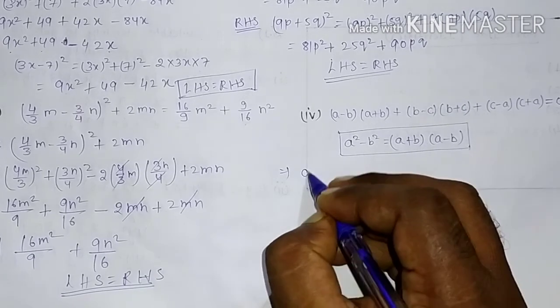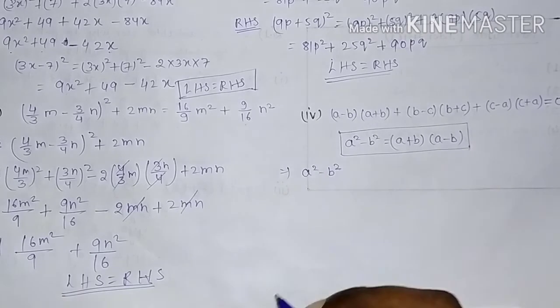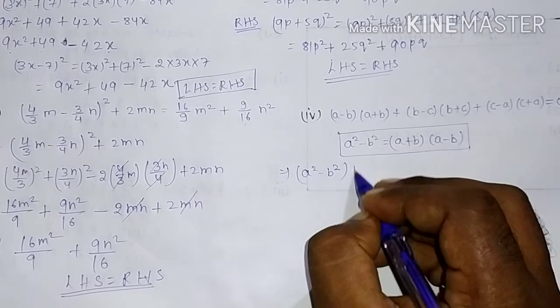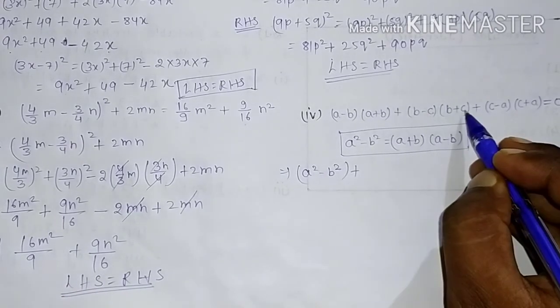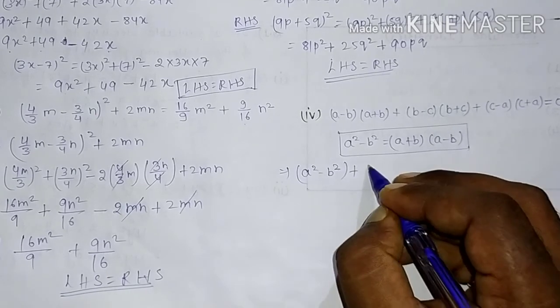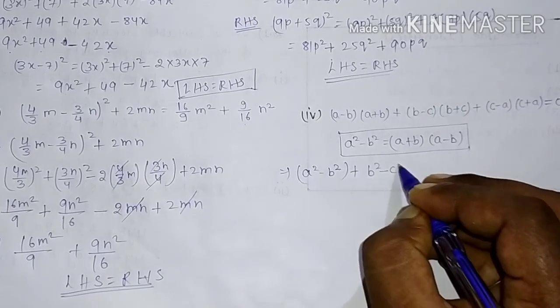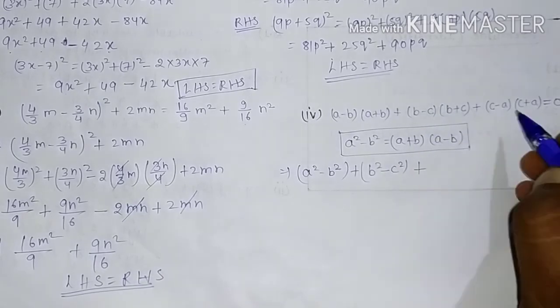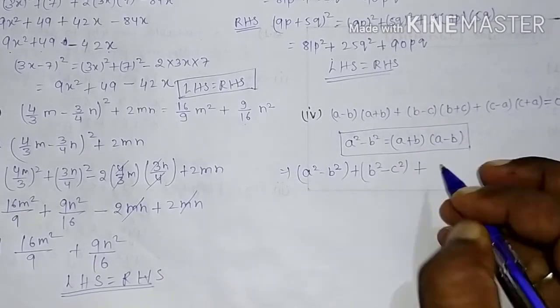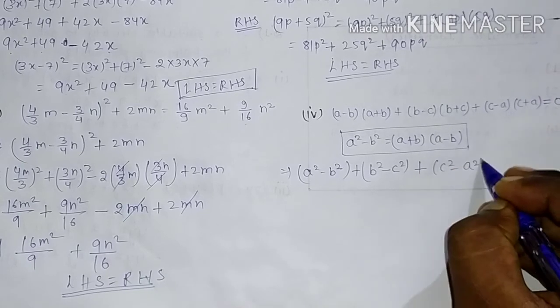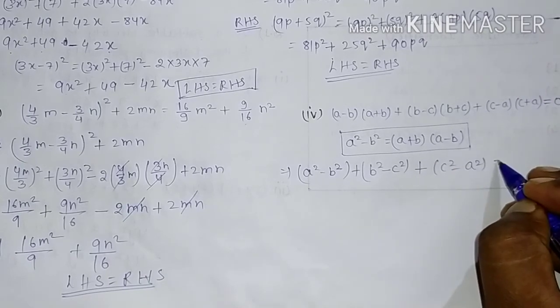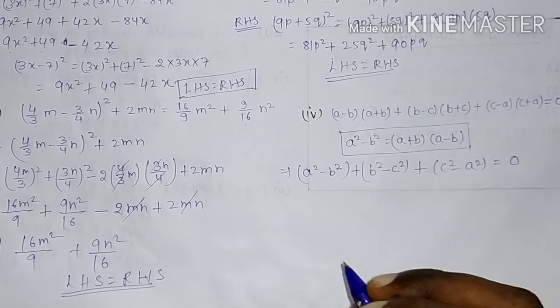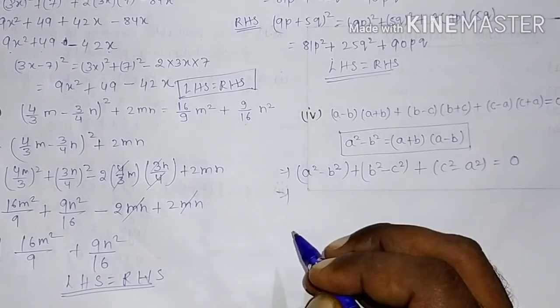So just write it, A square minus B square, plus (B minus C)(B plus C). We can write B square minus C square. The same formula is applied here, plus (C minus A)(C plus A). We can write C square minus A square equals 0.